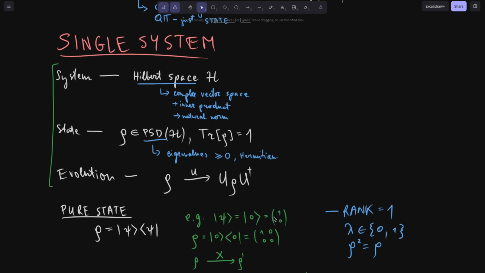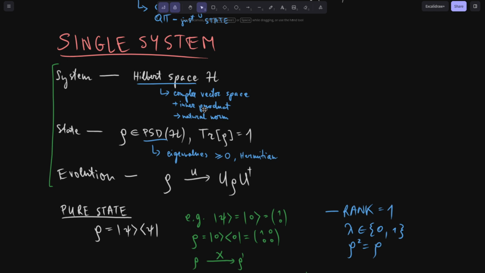For a single system, the system is basically a Hilbert space. Hilbert space, the letter H, is nothing more than just a complex vector space having an inner product. Of course, it also has a natural norm that we're gonna define later. And the state is the matrix that lives on our Hilbert space.